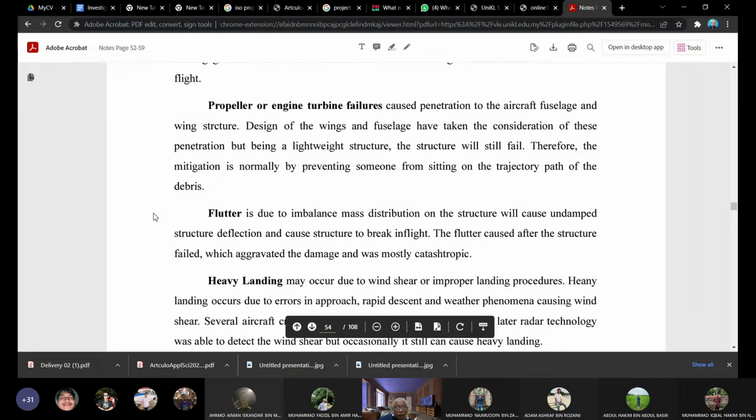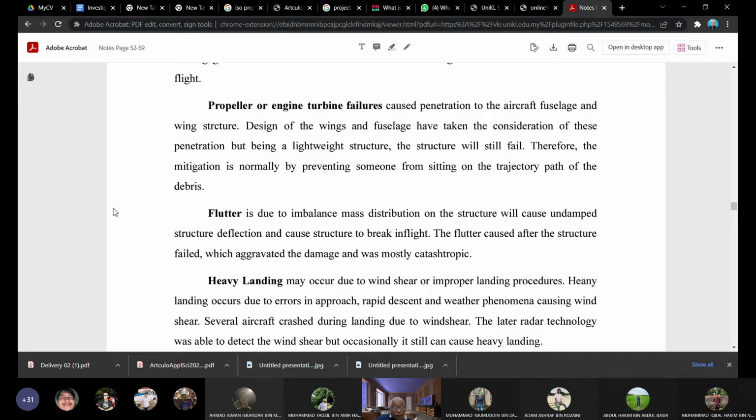You may also have a repair on the wing which causes mass imbalance, especially when you repair the control surfaces. So flutter is one of the causes that can damage the aircraft structure. There are cases where, because of flutter, the aircraft wing broke off.